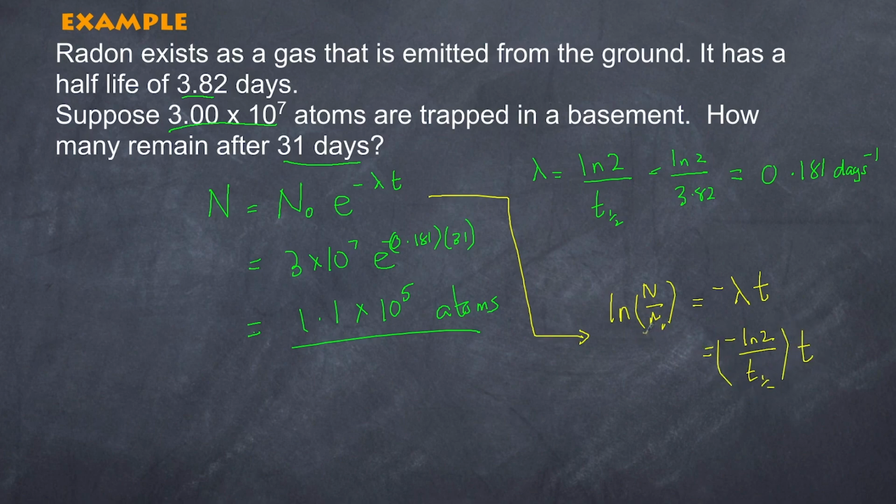You can see now I am able to solve for the half-life if I know the initial and the final amounts and I have the time frame here. So that's another way of solving for variables within this equation.